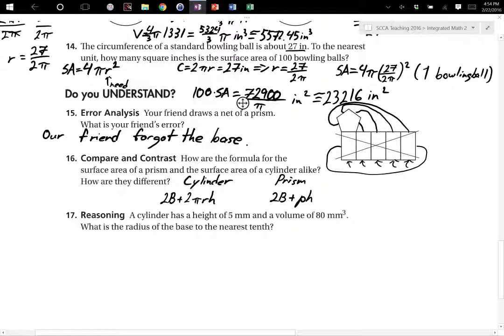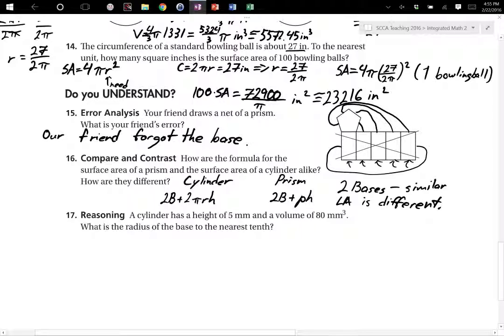P is the perimeter. So how are they similar? There are 2 bases. These are similarities. And then my lateral area is different. That's 1 similarity and 1 difference.